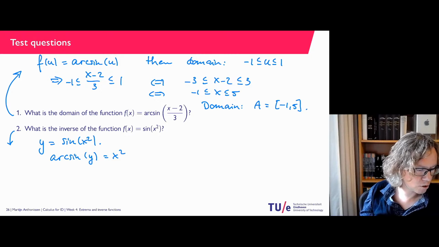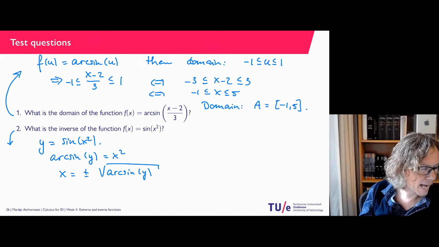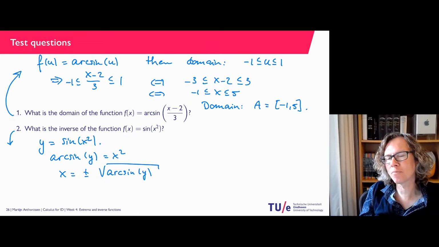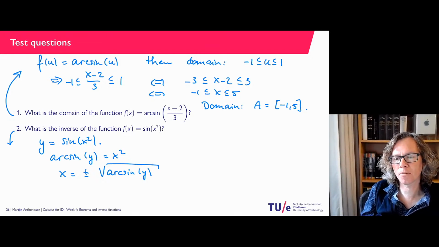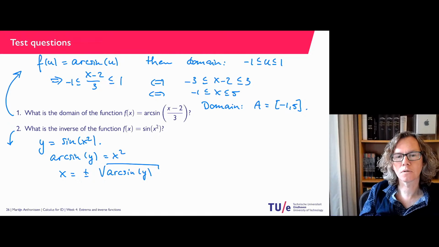So x itself is plus or minus the square root of arcsine y. And without any additional information, we cannot choose whether we should have the plus or the minus sign here. So this is the inverse function.